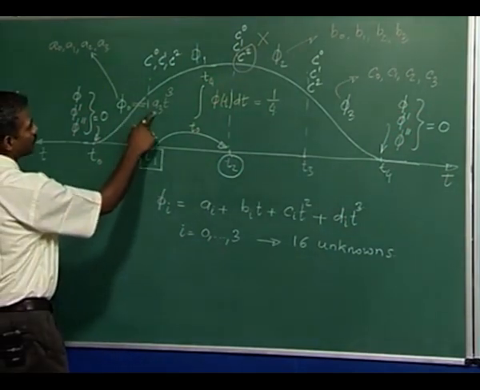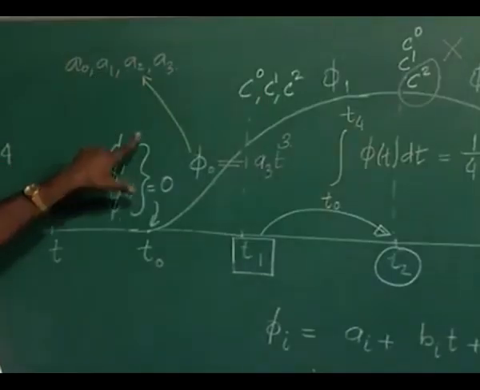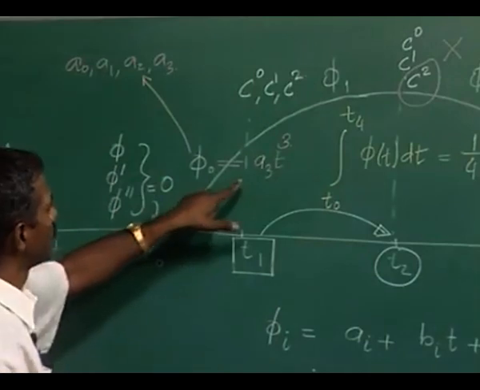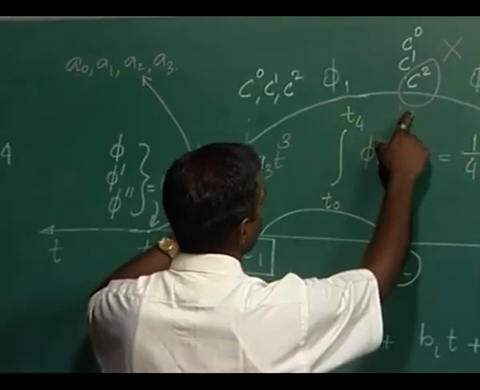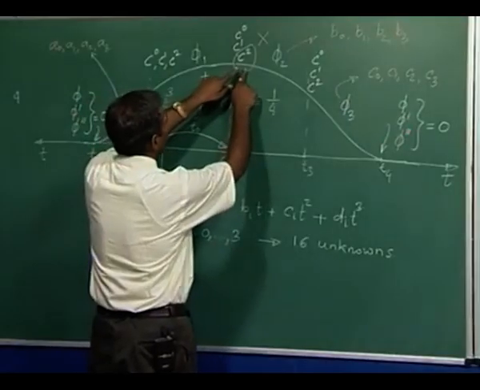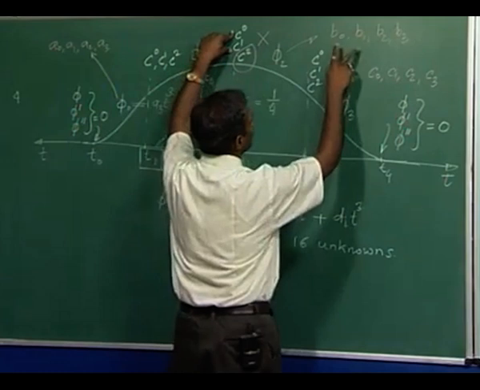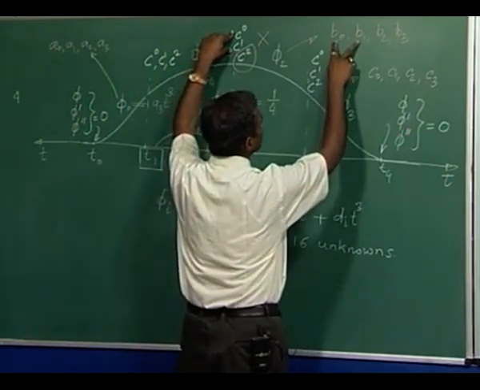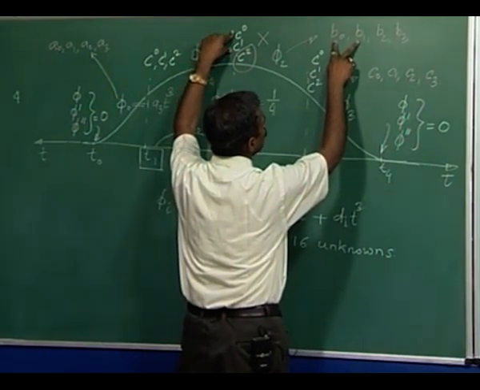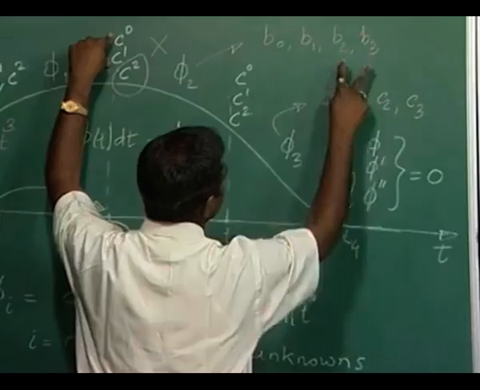I start with A3 as unknown here. A0, A1, A2 are all 0. I come to T2. With only these two conditions, I will be able to express two coefficients in terms of the other two coefficients.